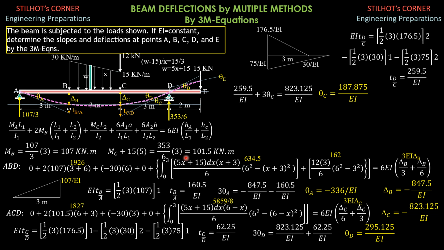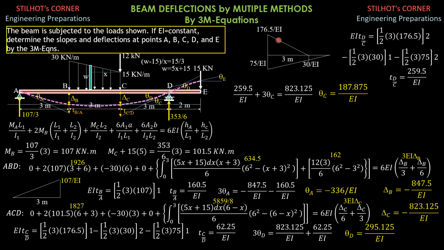Then we compute EI deviation of point C relative to the tangent at D, and it is represented by this. If it is positive, this is true because in this figure, the point C on the elastic curve is above the reference tangent at D. So we draw the moment diagram by parts between C and D, including the moment of this 15 here because it will cross this portion CD.